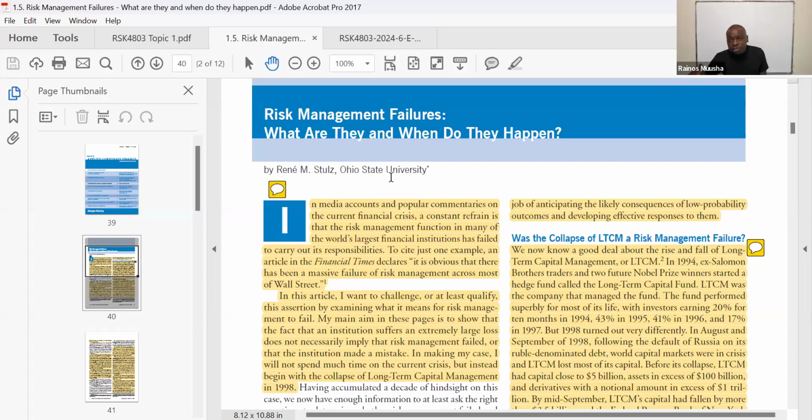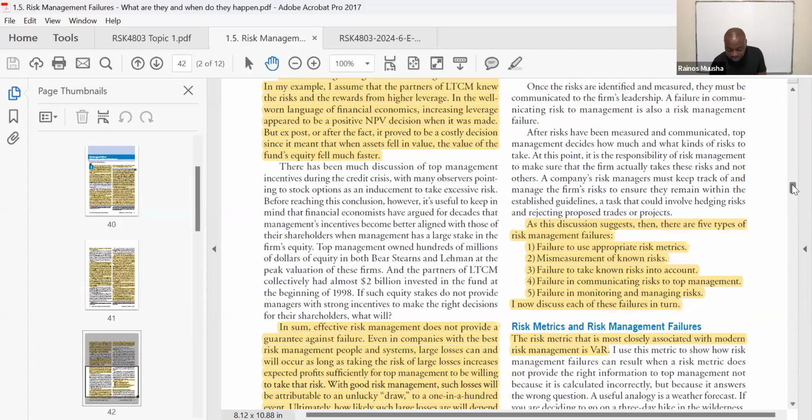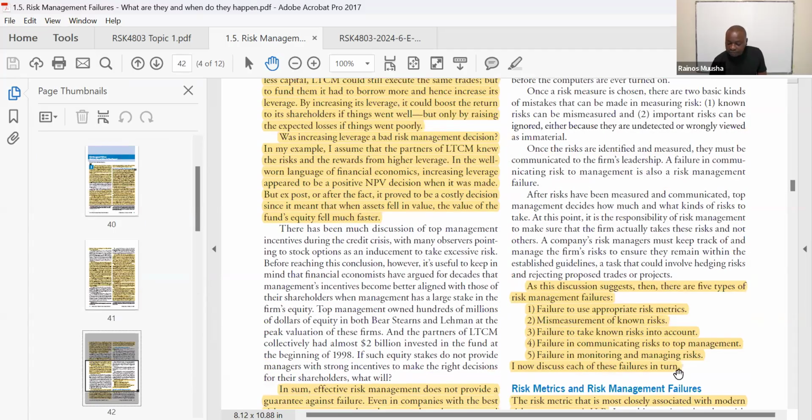But for RSK4803, knowing exactly what happened with LTCM is not of much importance, because the most important thing that we need to take note of from this section is this section here. This is where they discuss, as this discussion suggests, that there are 5 types of risk management failures.